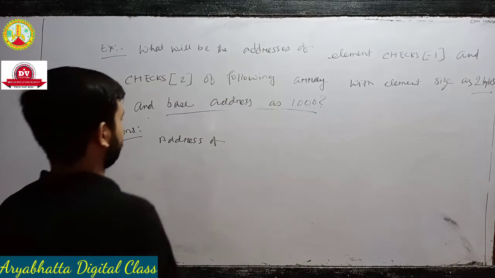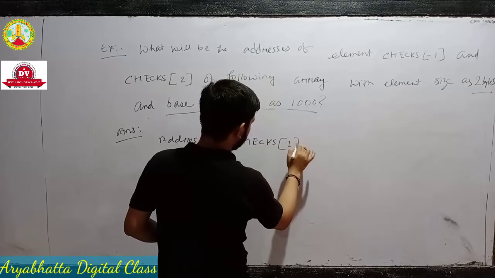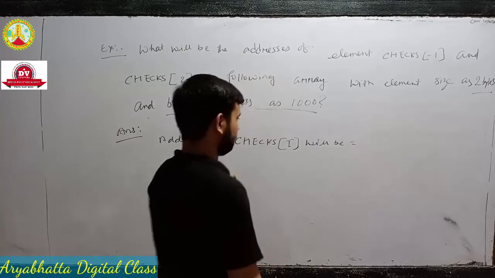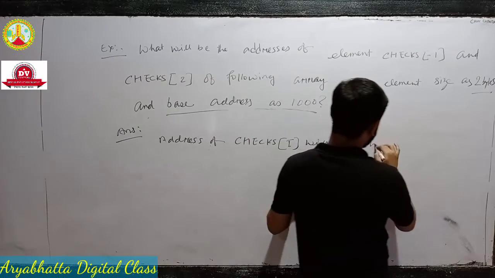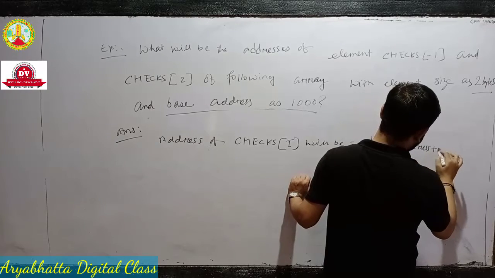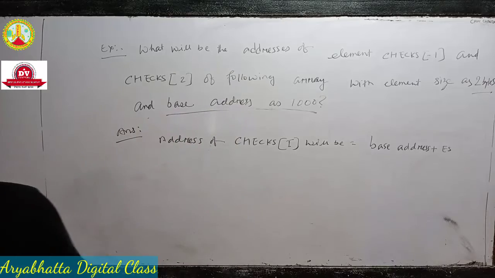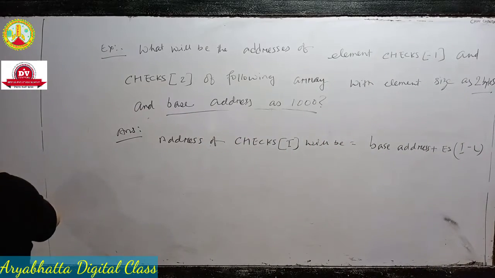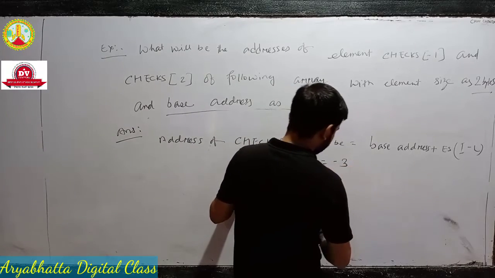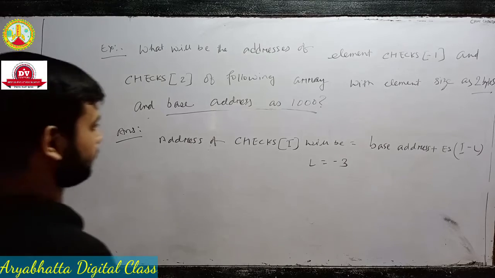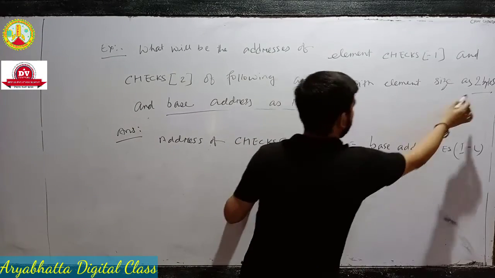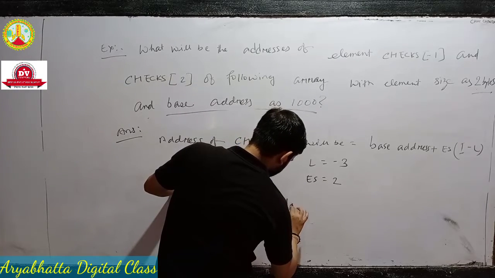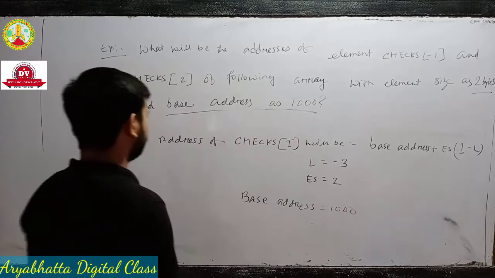Address of check of I will be base address plus ES times I minus L. What is L in this array? -3, because the lower bound is -3, and ES is 2, the element size, and base address is 1000, right?